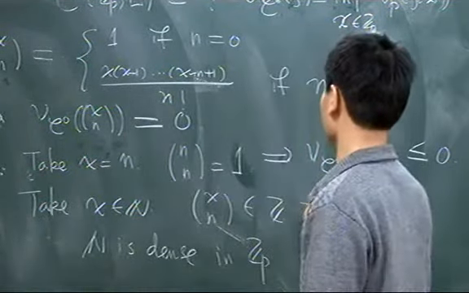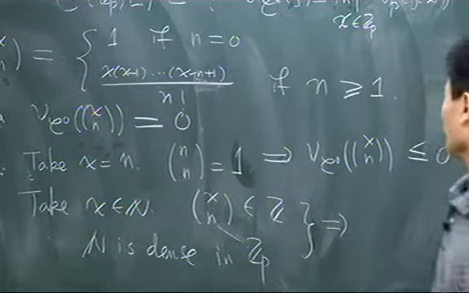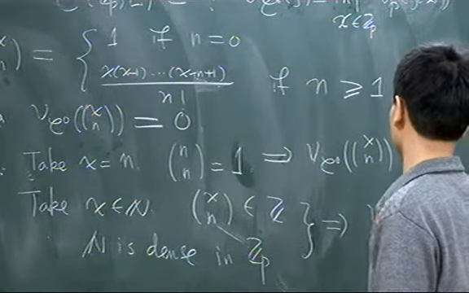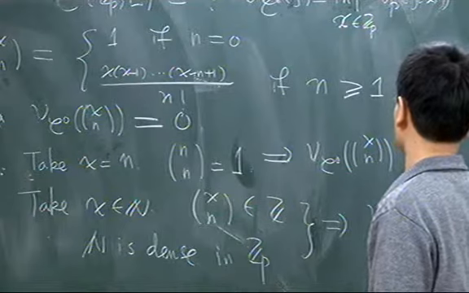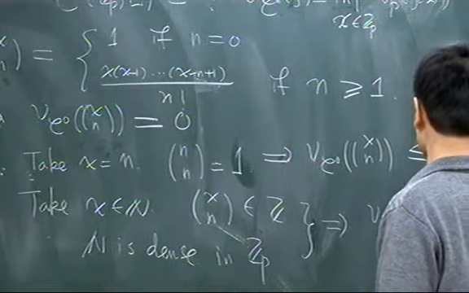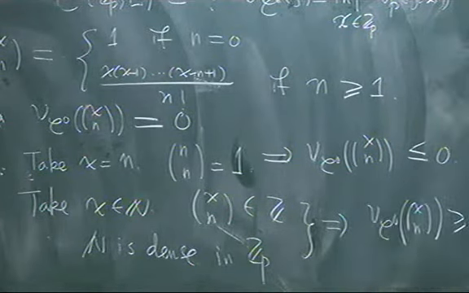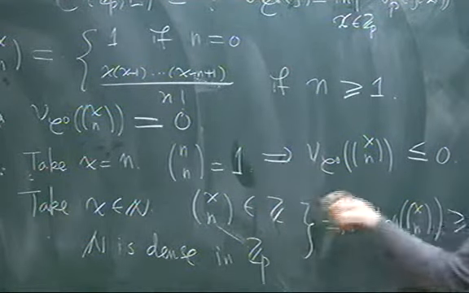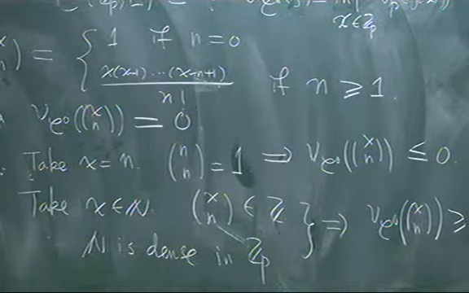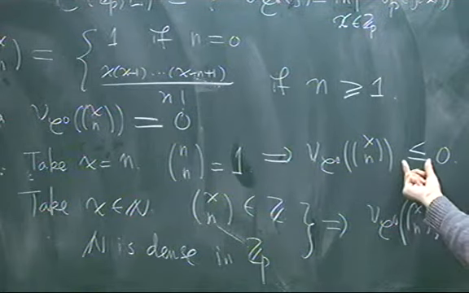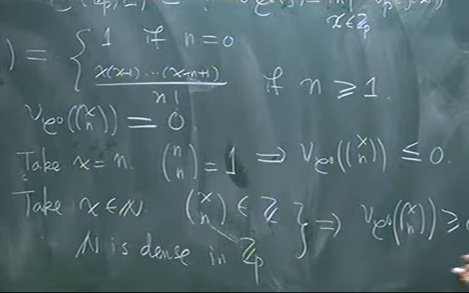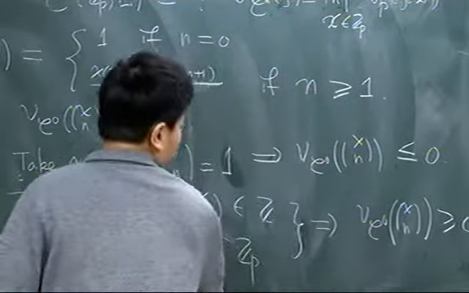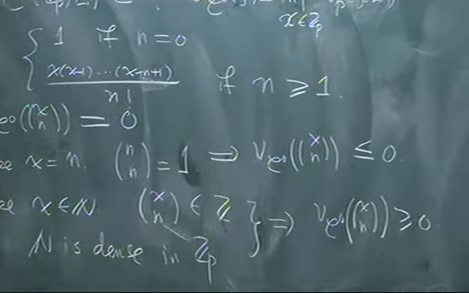Because this is continuous, it means the valuation is always bigger than or equal to 0, because this is an integer, and an integer's valuation is always bigger than or equal to 0. Then this is less than or equal to 0 and also bigger than or equal to 0, so you get this equal to 0.